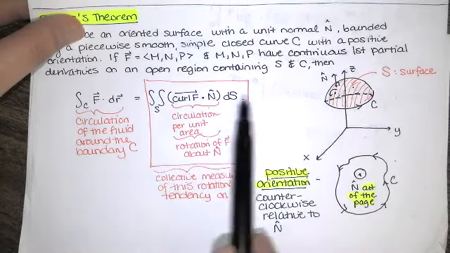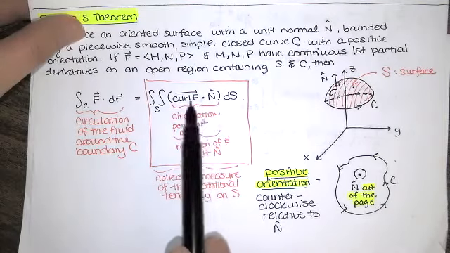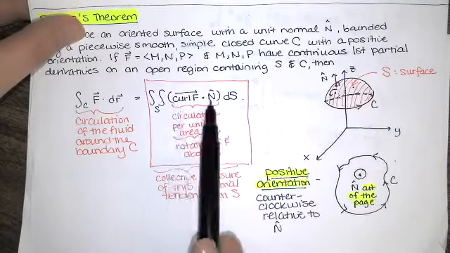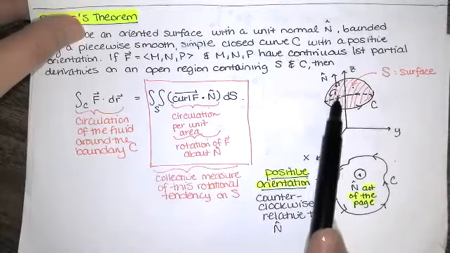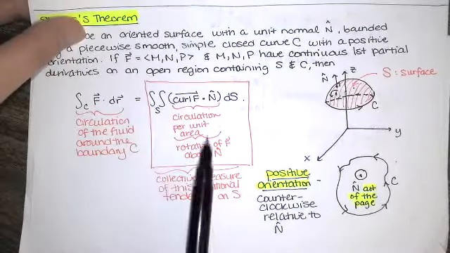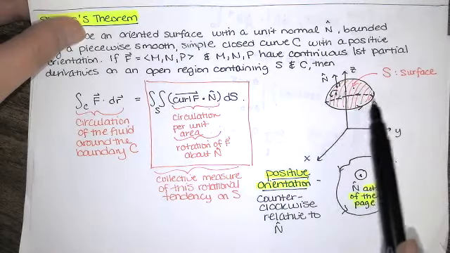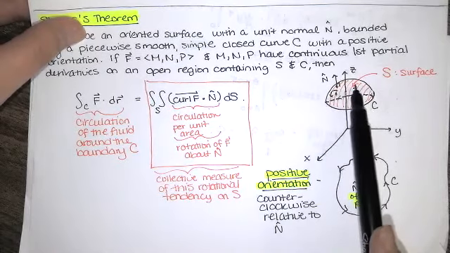Or we're computing the curl, or the signed magnitude of the curl in the direction of n hat. It's that part of the curl that goes in the same direction as our unit normal vector. We're adding all of that together. So now I've got this collective measure of the rotational tendency of our field while we're on the surface S.